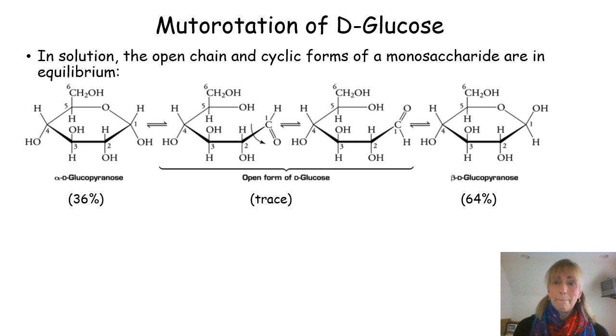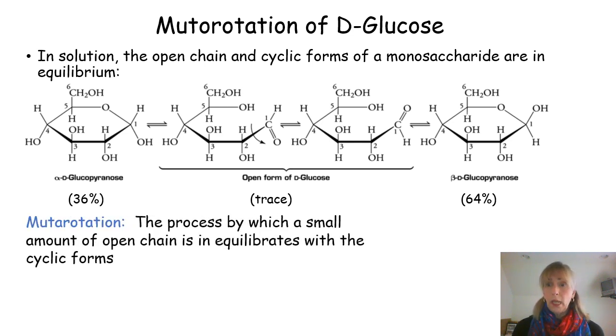And when they look at how much you have at equilibrium of all of these, they find out that there's only a very little bit of the open chain form, and most of it is the beta D-glucopyranose.